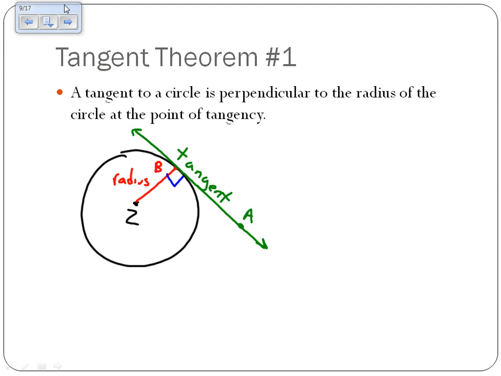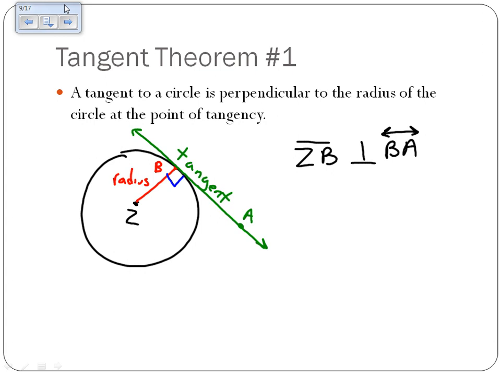Point of tangency. So we can say that ZB, what does the upside down T mean? Perpendicular to BA. Okay? Any questions with that?